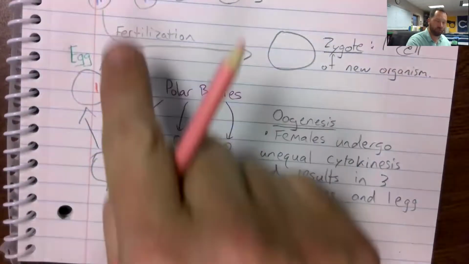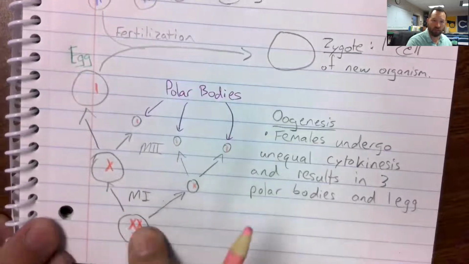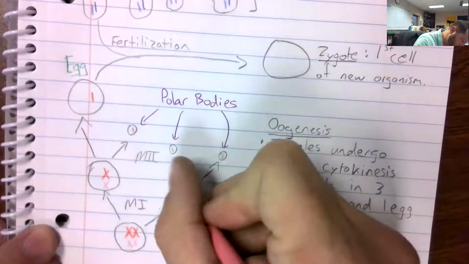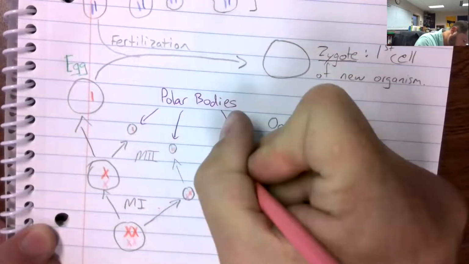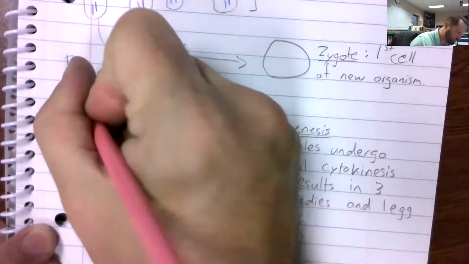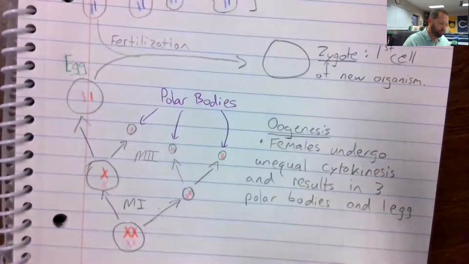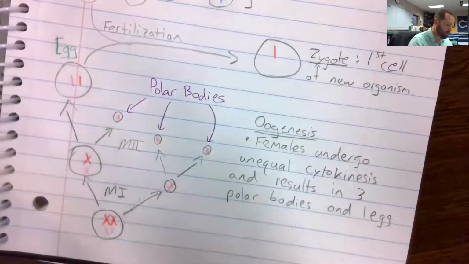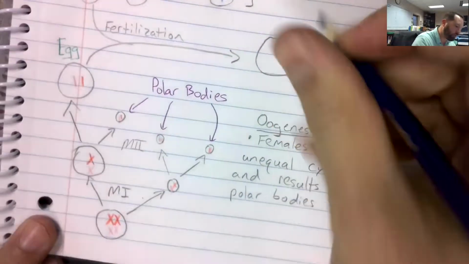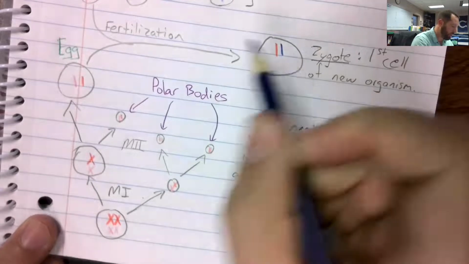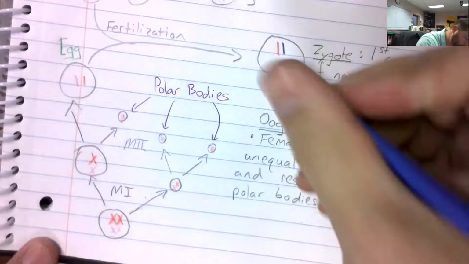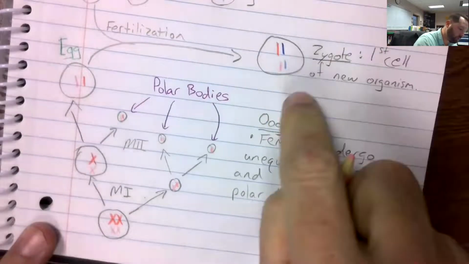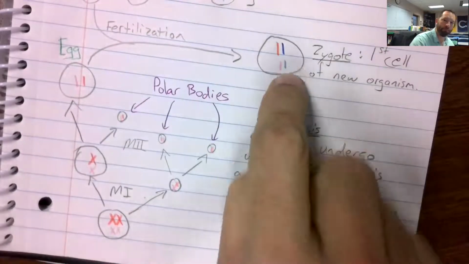So that way, again, when we have fertilization, you'll be able to see that you're getting one chromosome from mom and one chromosome from dad. So this new organism ends up with a homologous pair of chromosomes, one from mom, one from dad, and another homologous pair of chromosomes, one from mom, one from dad.